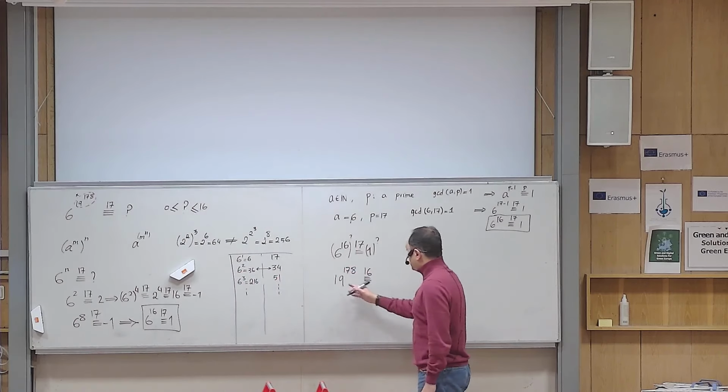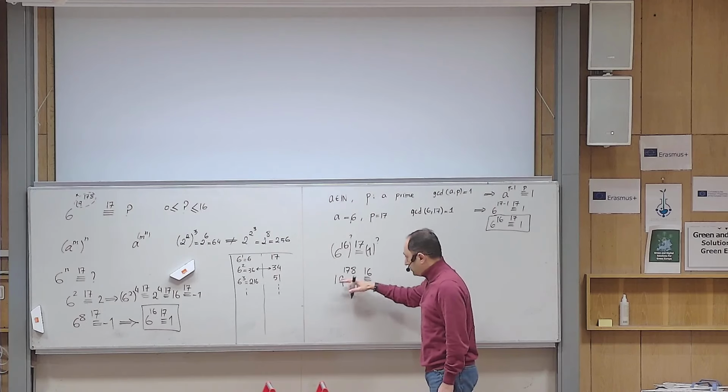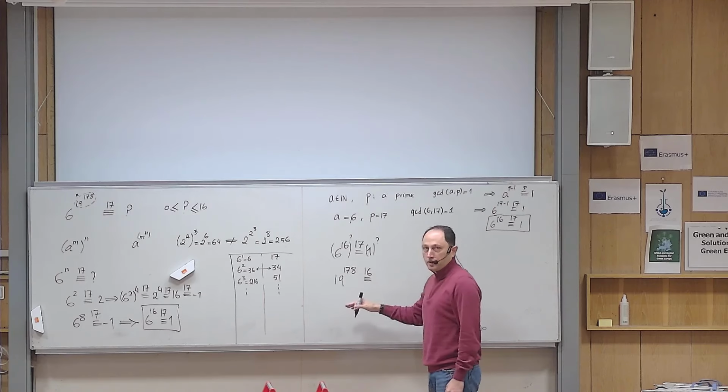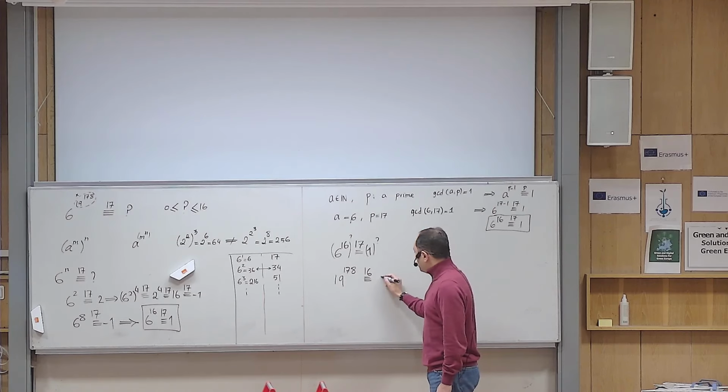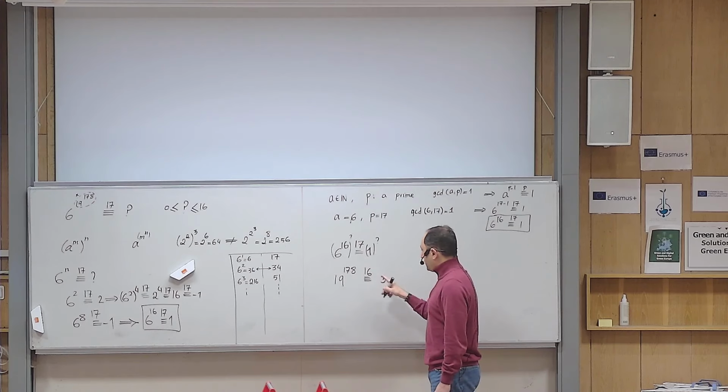Here, this number is above my modulus. Whenever this happens, that a base number is bigger than the modulus, simplify it. So 19 can be viewed as just 3. Yes, because 19 minus 3 is 16, and 16 is divisible by 16. So I replace 19 with 3, and I copy and paste the exponent.